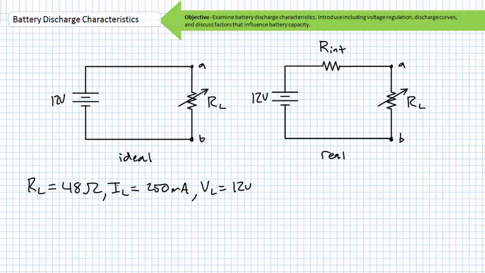In a perfect world, a battery has no internal resistance. In this case, a 48 ohm resistor will draw 250 milliamperes from a 12-volt source and experience a 12-volt drop. Similarly, a 0.5 ohm resistor will draw 24 amps from a 12-volt source and experience a 12-volt drop.